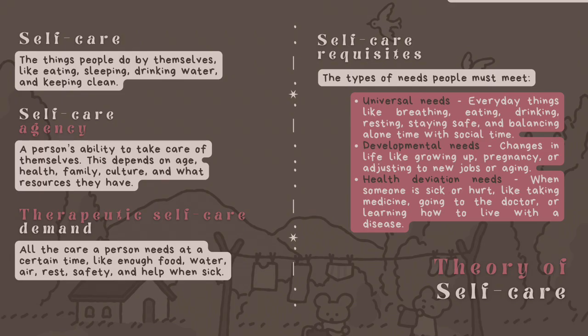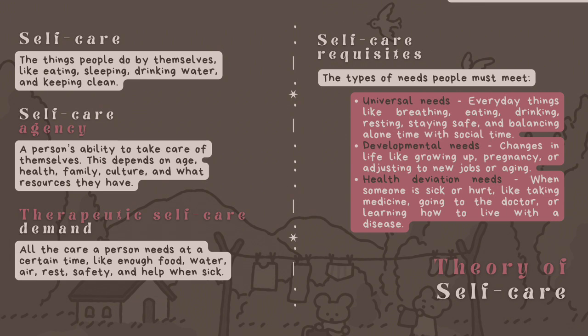Okay, magbigay tayo ng scenario. A 70-year-old man with arthritis struggles to button his shirt, showing reduced self-care agency compared to a younger adult, diba? O yung 70 years old, sabi niya, may pupuntahan ako, ganun. Tapos, he's having a hard time to button his shirt. Pero if you compare to a young adult, they easily button their shirt, right?